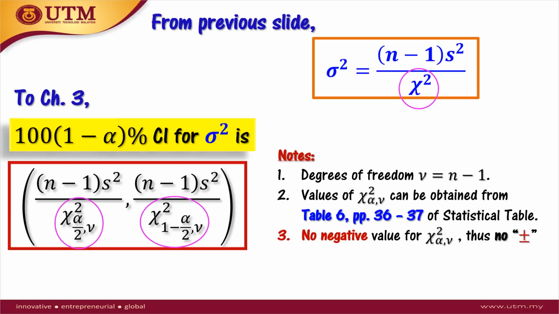The values of chi squared alpha nu are always non-negative, therefore we should not use a plus-minus sign in constructing the confidence interval for the variance. And finally, we only have one case when we want to construct the confidence interval for the population variance, that is to use chi squared.